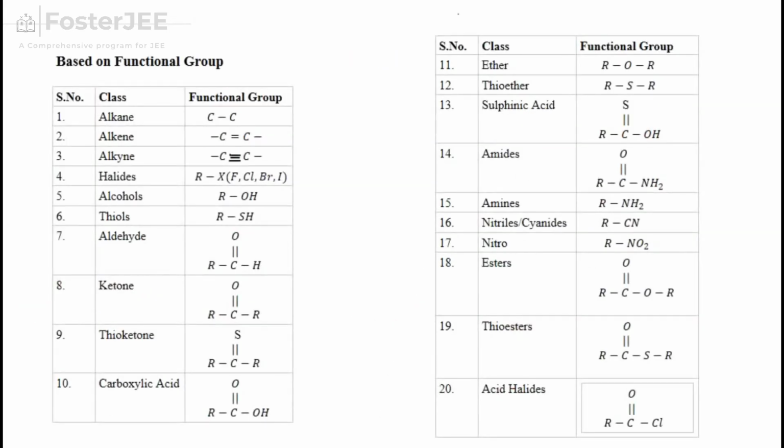Now we will discuss the classification on the basis of functional group. So first we will understand what is functional group. A functional group is an atom or group of atoms represented in a molecule that gives the molecule its characteristic chemical property.